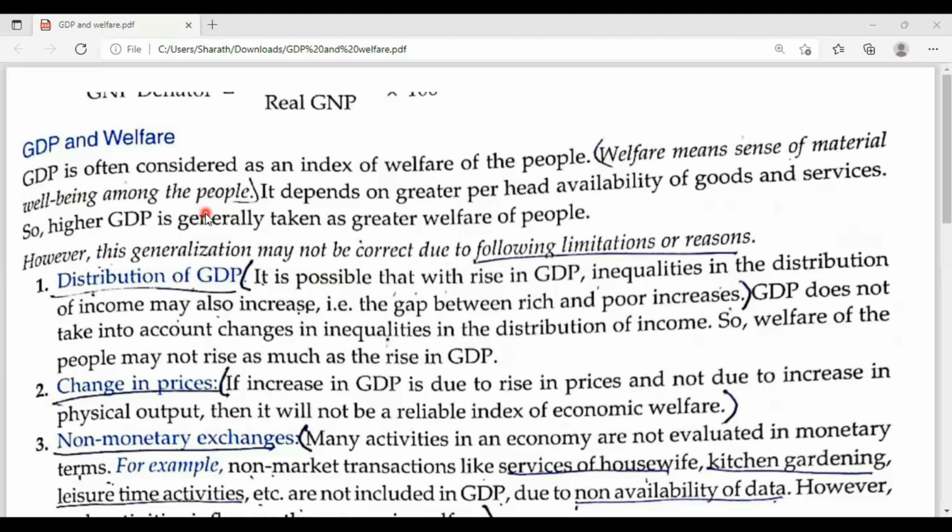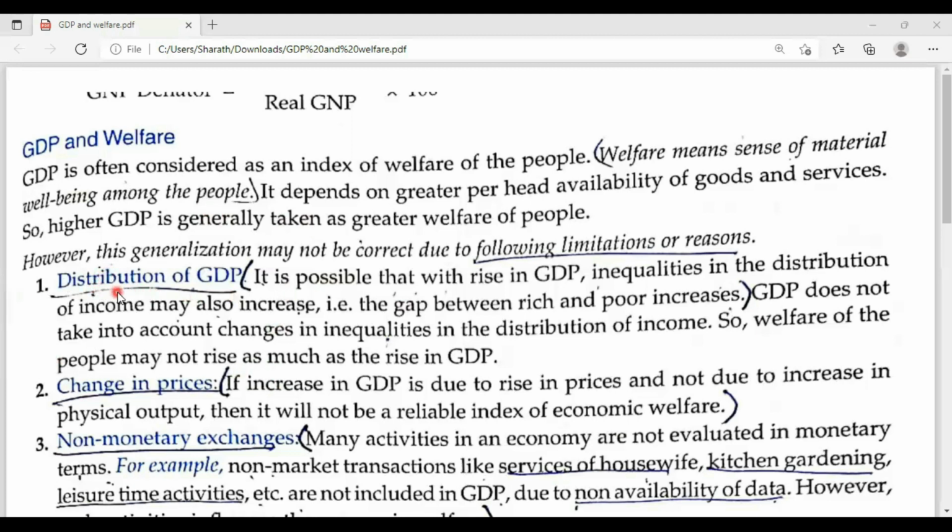Even though we have these limitations, we still use GDP as one of the standard indices to measure the welfare of the people. Let's go one by one.